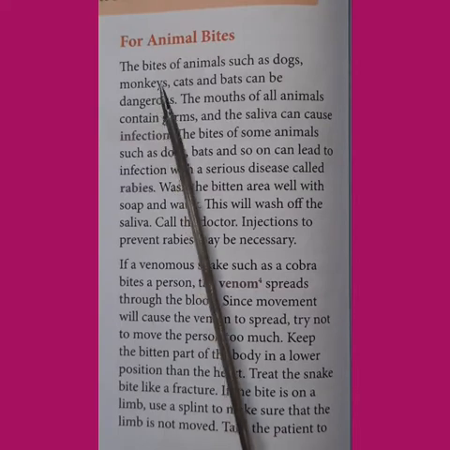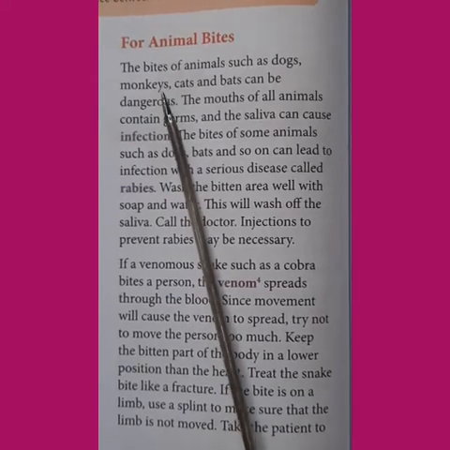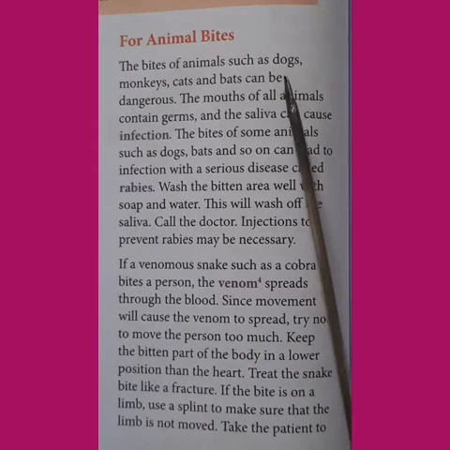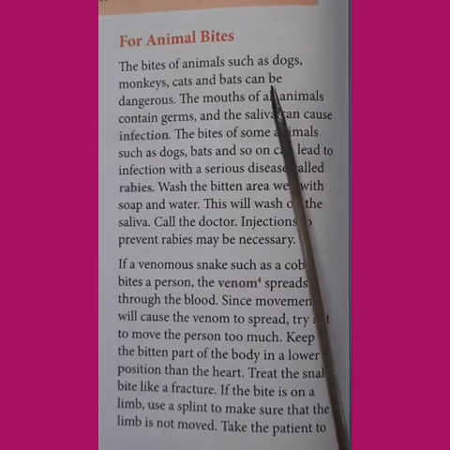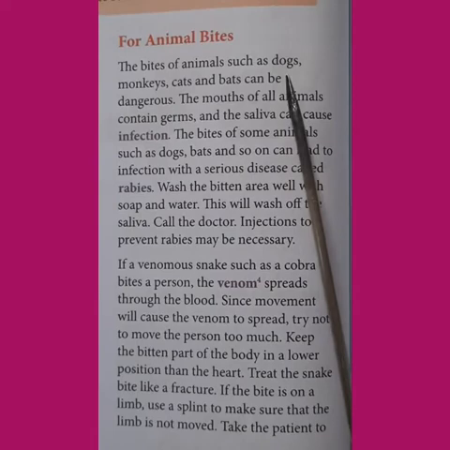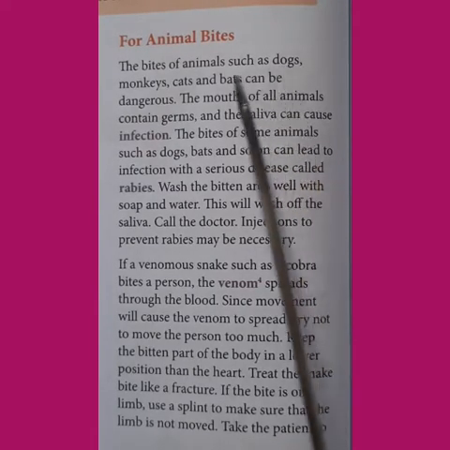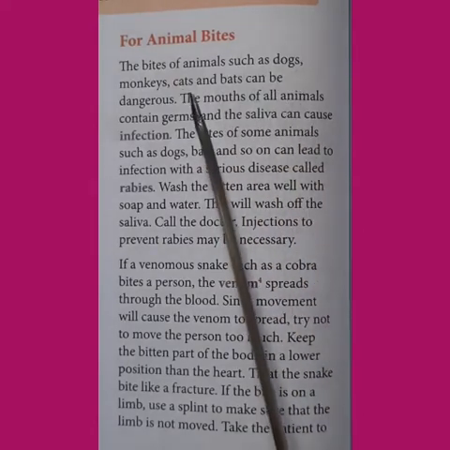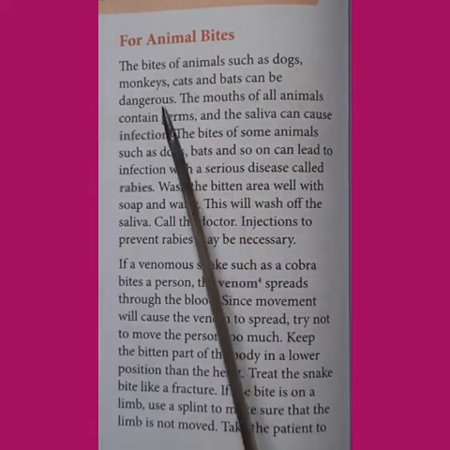So sometimes they may bite people also. In some houses, even the dogs may be very dangerous. They can bite people.